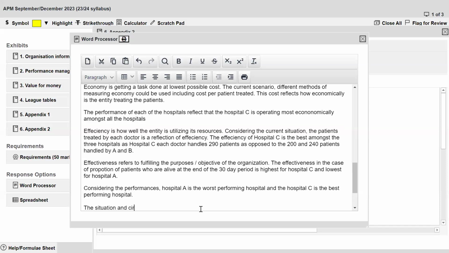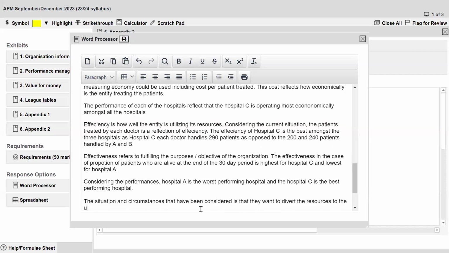The situation and circumstances that have been considered is that they want to divert the resources from the underperforming hospitals to higher performing hospitals.